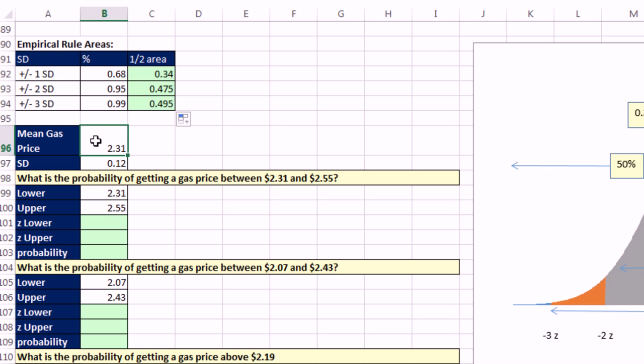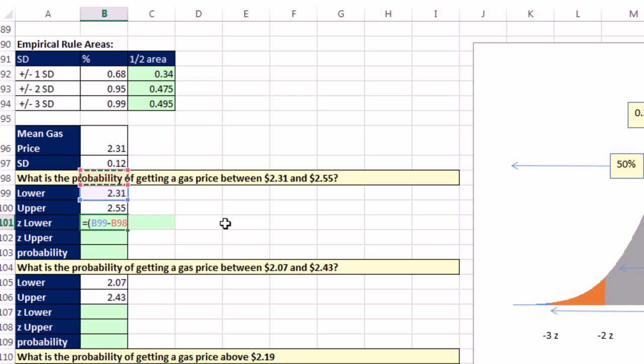So here's our first question. This is our gas example, $2.31 with a standard deviation of 12 cents. What is the probability of getting a price between $2.31 and $2.51? Well, in this chapter, they're just going to give us even standard deviations. Later, they won't. But let's go ahead and calculate the lower z, which is the number of standard deviations.